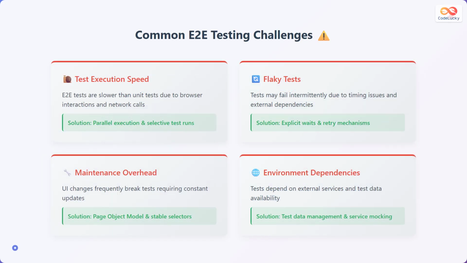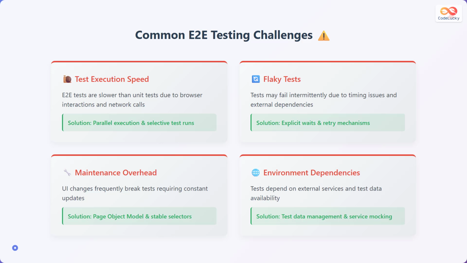End-to-end testing comes with several inherent challenges that testers must address. Test execution speed is often slower than unit tests due to browser interactions, network calls, and complex workflows. Flaky tests are a common issue where tests fail intermittently due to timing problems, network delays, or external dependencies. Solutions include implementing explicit waits and retry mechanisms.